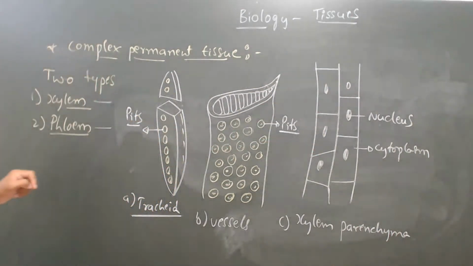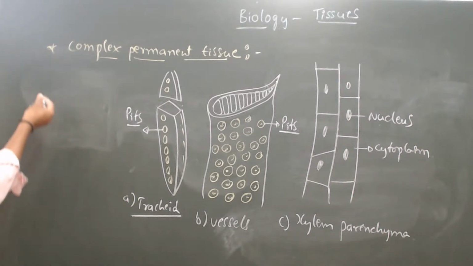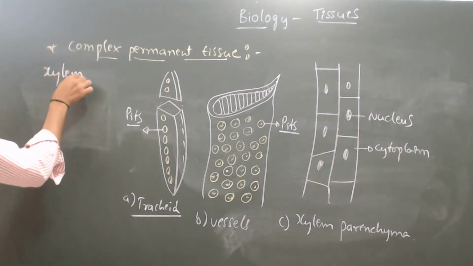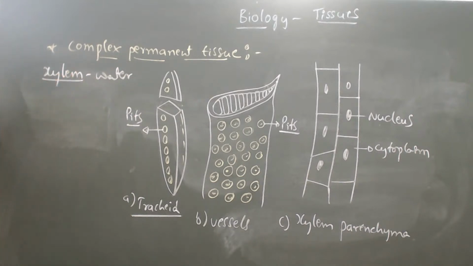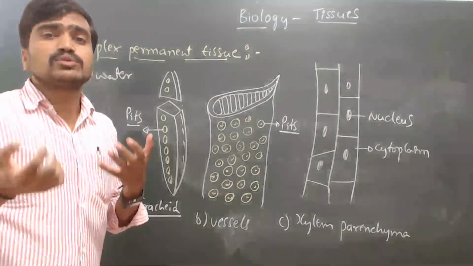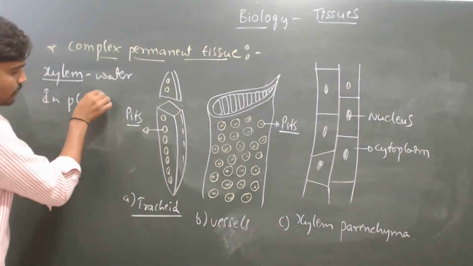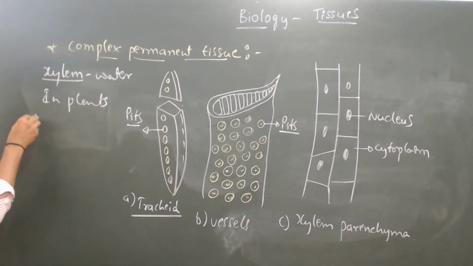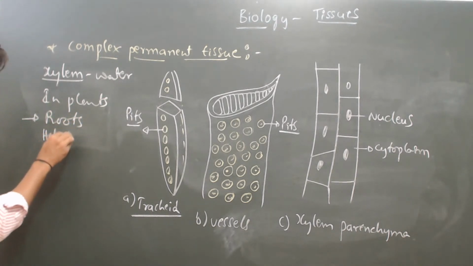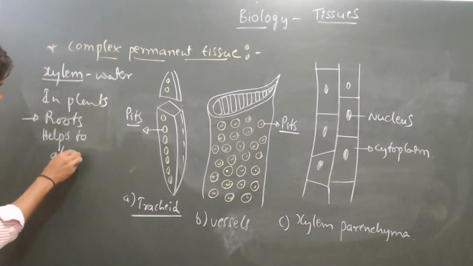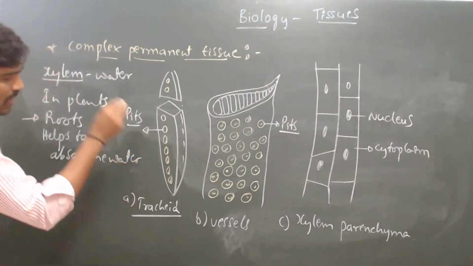Xylem is known as water conducting tissue. The tissue name is xylem, but which part helps to absorb the water in plants? Roots. Roots help to absorb the water.